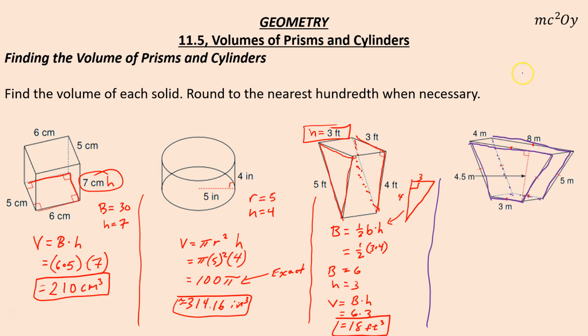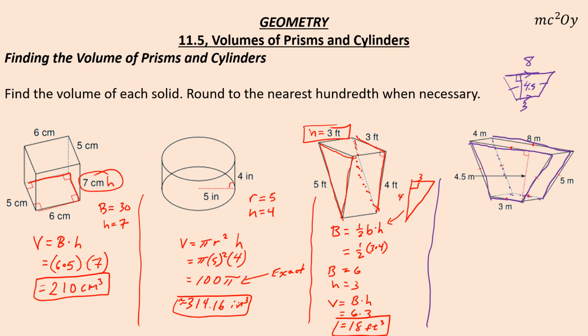The way you find the area of a trapezoid, if I were to just take that trapezoid and draw it out up here, and these are congruent. They don't look exactly congruent, but it's okay. This is 8, this is 3, and the height of the trapezoid, the right angle, is 4.5.